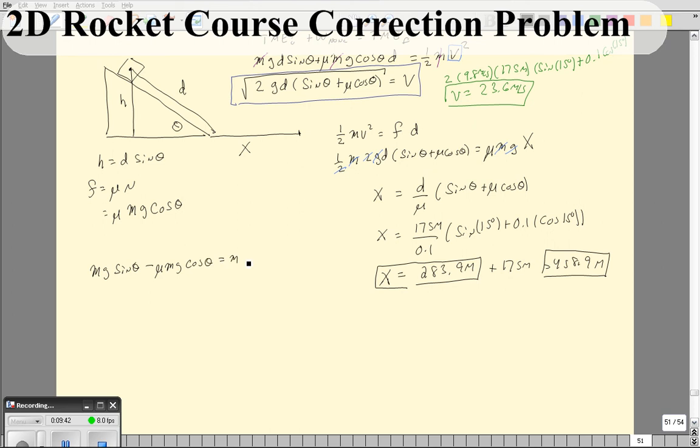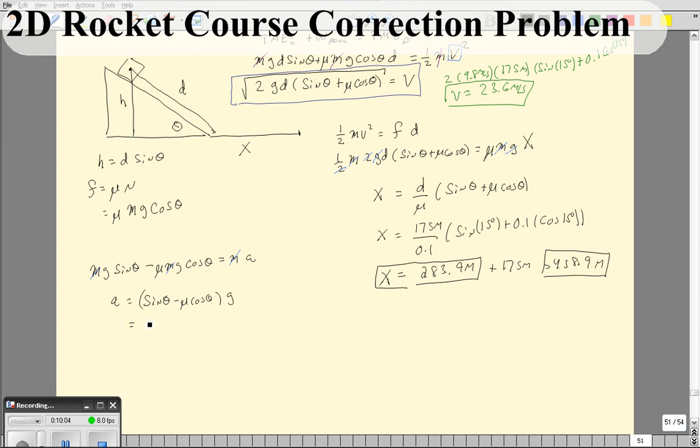And that, of course, is equal to mass times your acceleration. Mass cancels out, and you get an acceleration that is equal to some fraction of g. That fraction is sine of theta minus mu cosine theta times g.